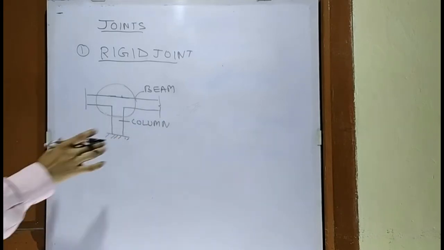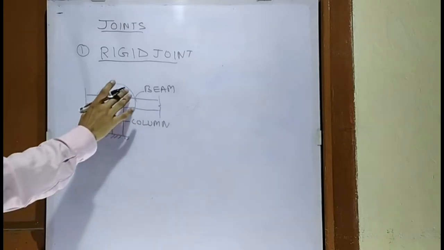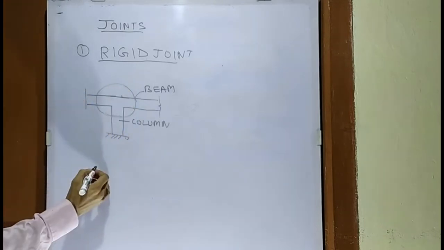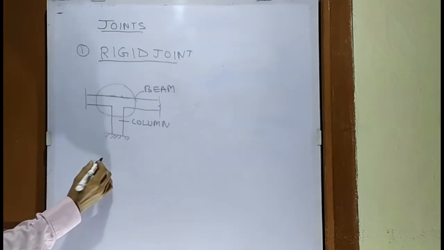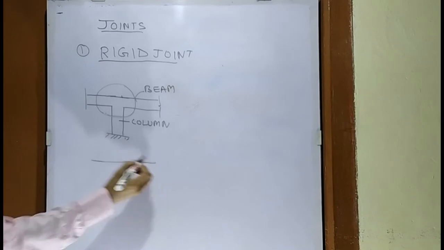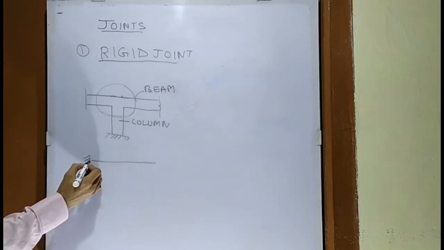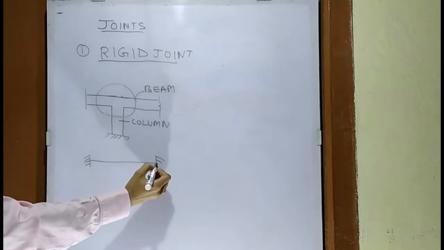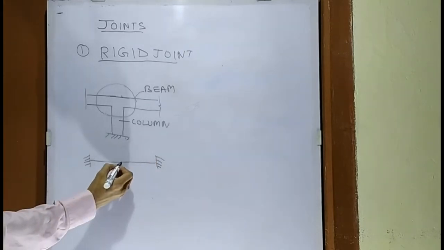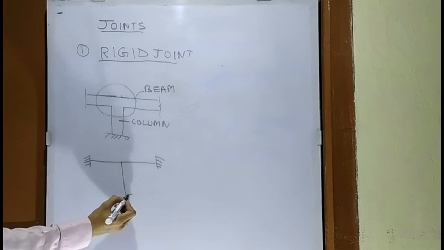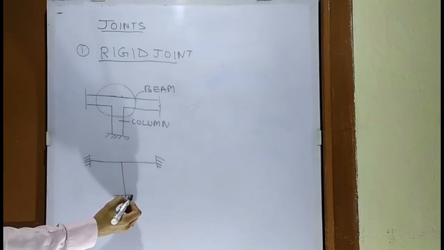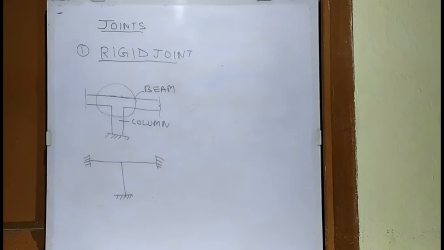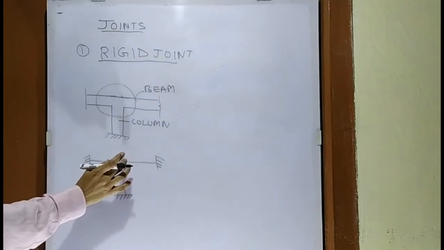If we draw the simplified view of this assembly, this is our beam fixed at the support on the left, and also fixed at the right support, and in the middle of it there is a column which is also fixed at the end. Now this joint is called a rigid joint.